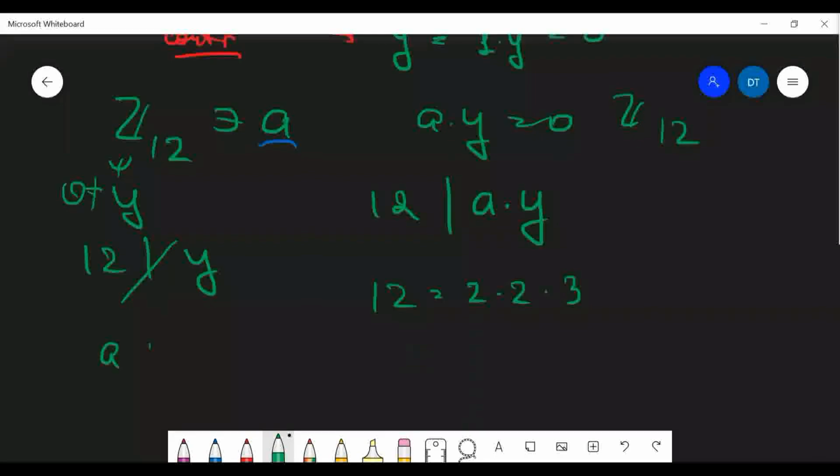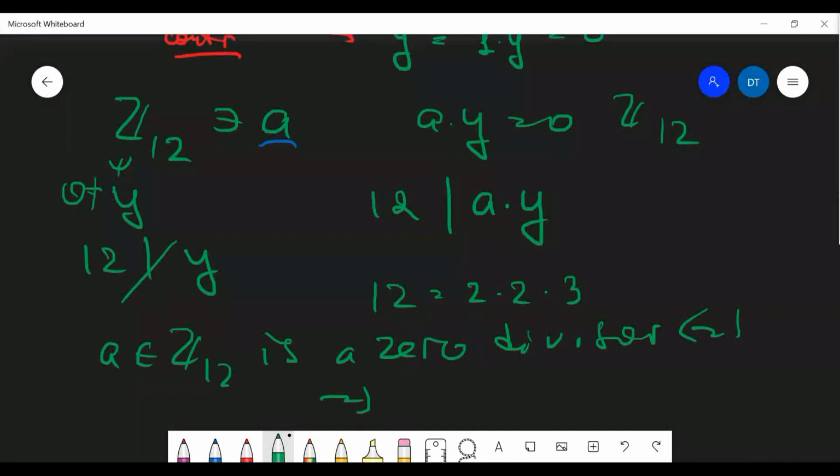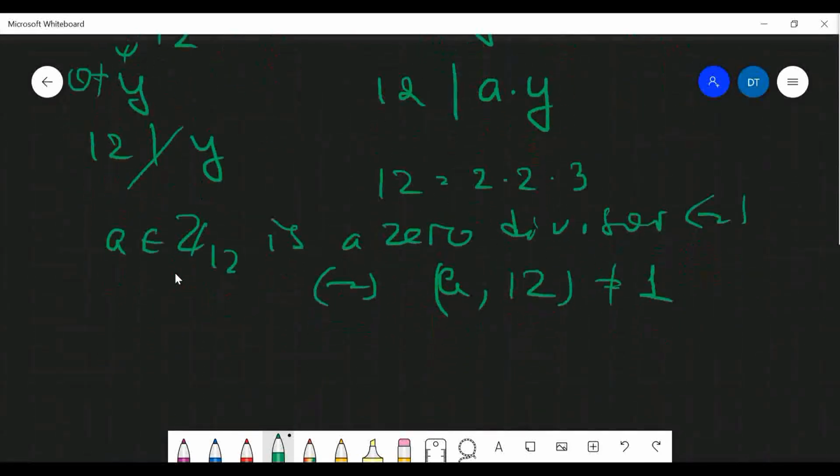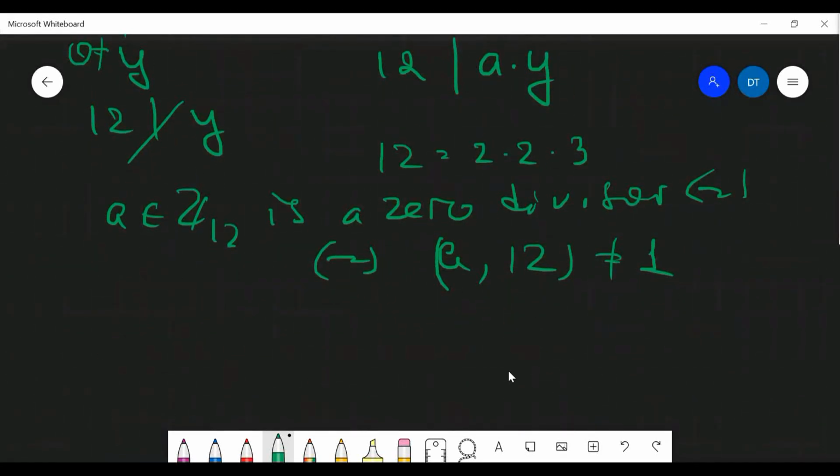So I'm saying that a in Z12 is a zero divisor if and only if a and 12 are not coprime. Actually, as you can see, every element in Z12, or actually in Zn, is either invertible or a zero divisor. And this is how to check this.